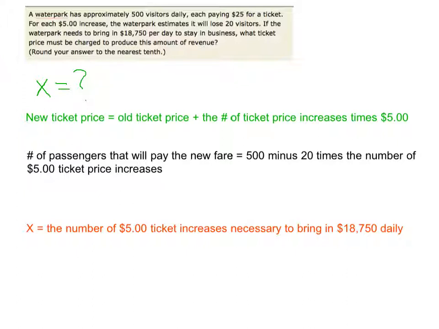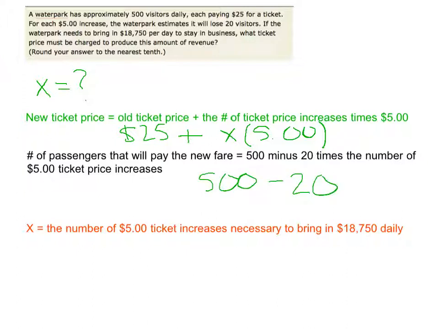So the numeric expression for the new ticket price equals the old ticket price, which is $25, plus the number of ticket price increases, which is our x, times $5. And the expression for the number of passengers that will pay the new fare is 500 minus 20 times the number of $5 ticket price increases, which is our x.